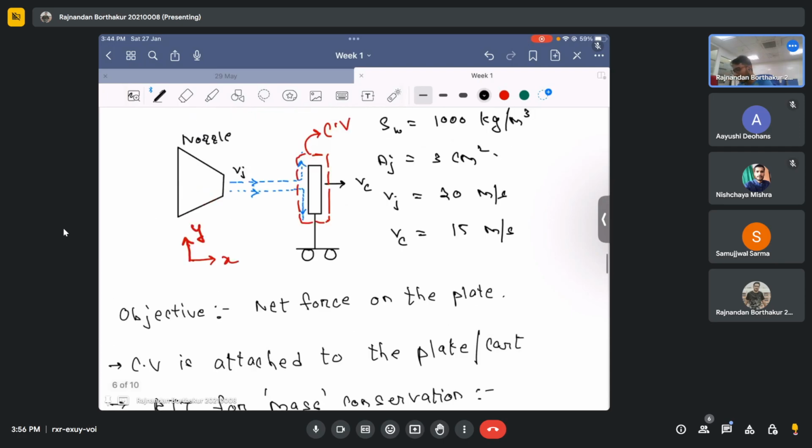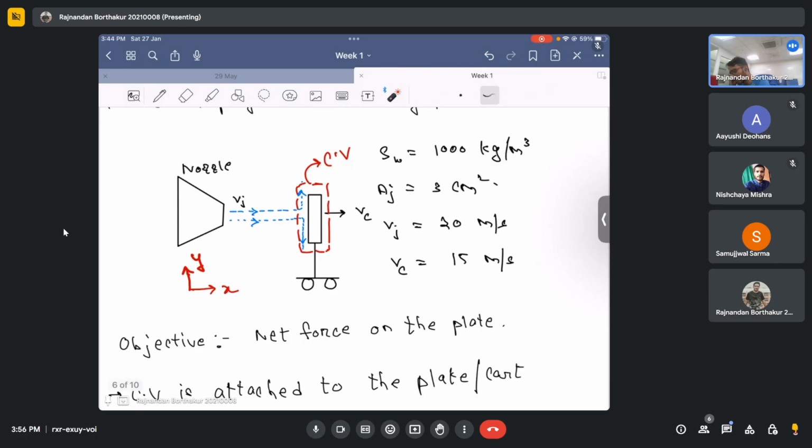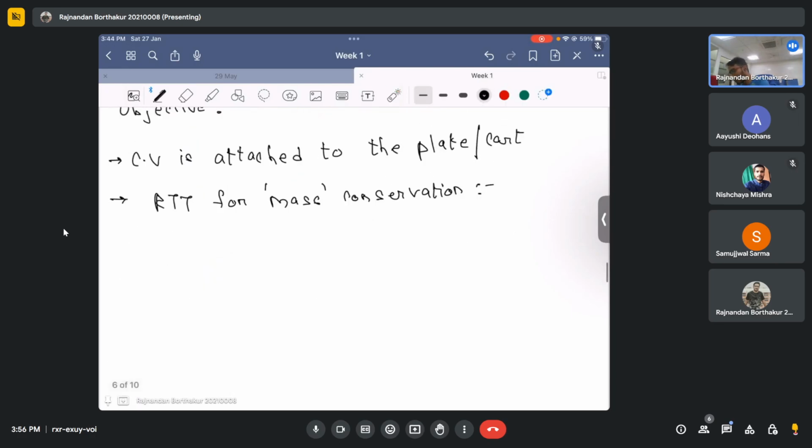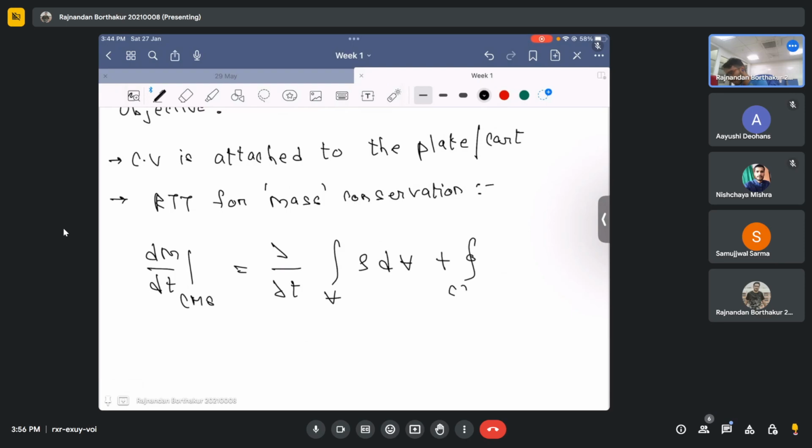If I now apply RTT in this control volume for mass conservation, then the RTT says that the rate of change of mass with respect to time for a control mass system is equal to the rate at which the property changes inside the control volume, which is this term, plus the efflux, which is basically something like this.